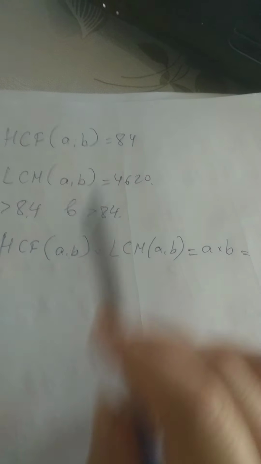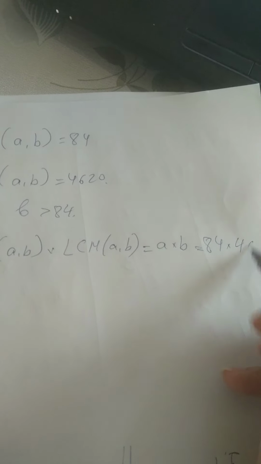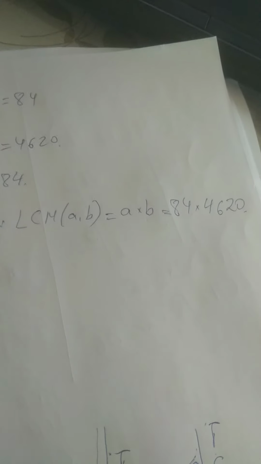That's why the multiplication is equal to A multiplied by B. The HCF is 84, and the LCM is 4620. But you don't need to multiply these two numbers by each other.